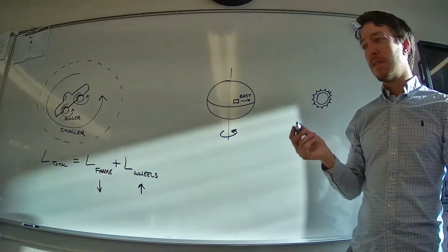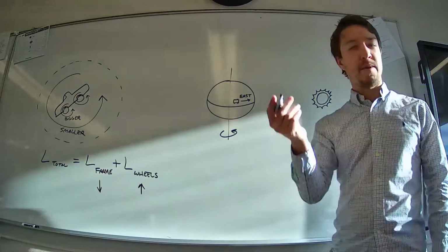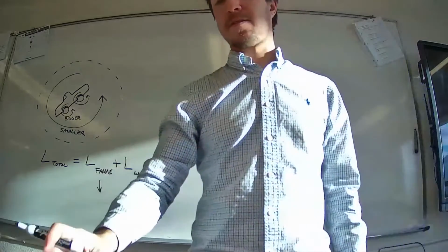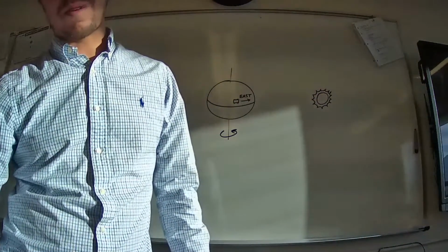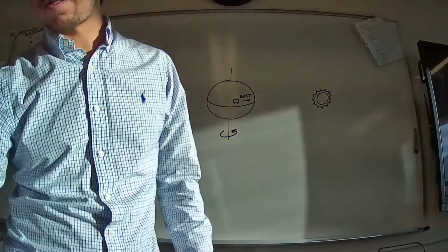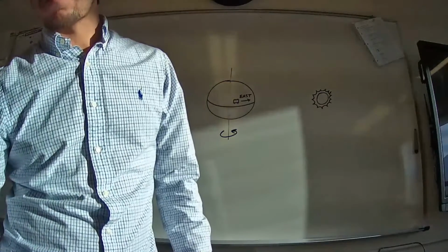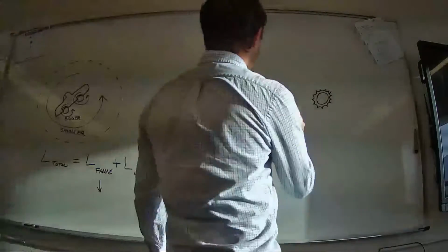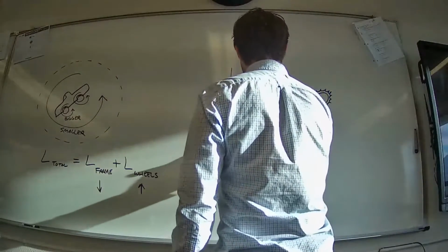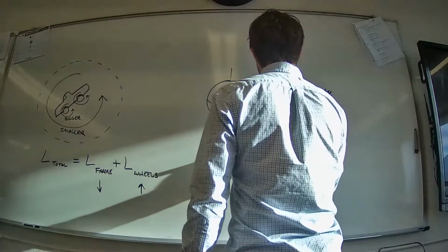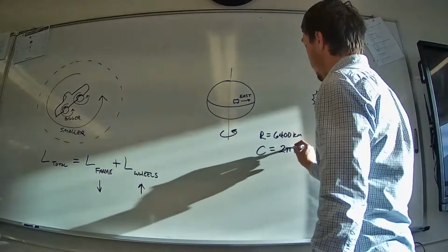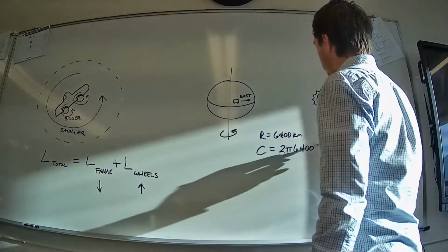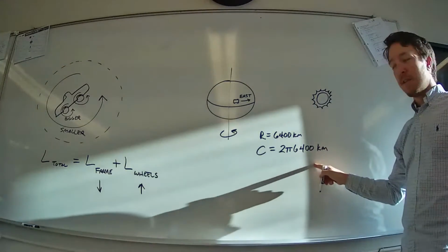What's the radius of Earth? That one we have to look up, but I think it's 6,400 kilometers. Let's Google it. So the radius is 6,400 kilometers. That means the circumference of Earth is 2 times pi times 6,400 kilometers, right?